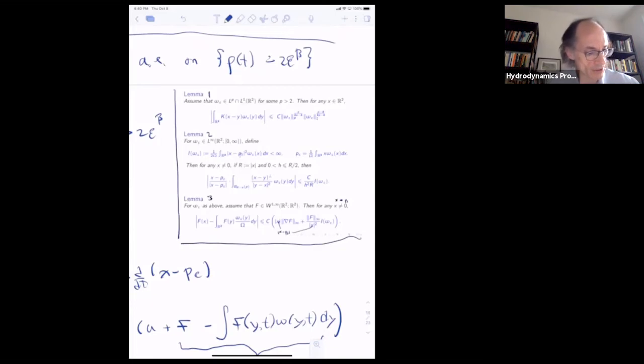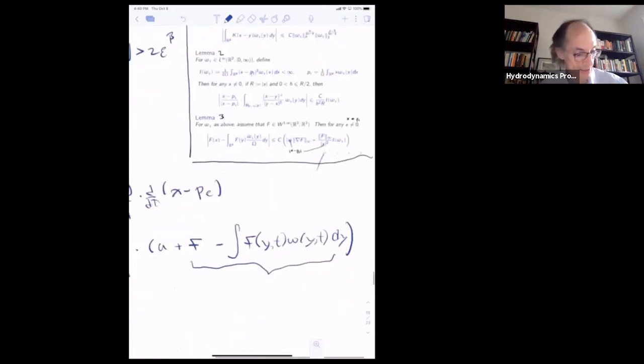So in the second term, I have a dangerous x minus p in the denominator. However, x minus p is bigger than 2 epsilon to the beta. And so this denominator is at most epsilon to the minus 2 beta. On the other hand, I have epsilon squared in the numerator. And so from the second term, I'll get f infinity times epsilon to the 2 minus 2 beta, no problem.